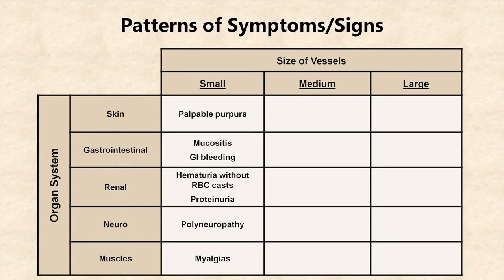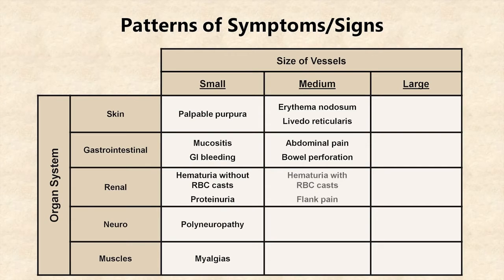A medium vessel vasculitis can result in 2 skin conditions called erythema nodosum and livedo reticularis. Patients can get abdominal pain and rarely bowel perforations. In the kidneys, damage is not limited to the glomeruli, so now there may be hematuria with RBC casts, along with flank pain from ischemia.